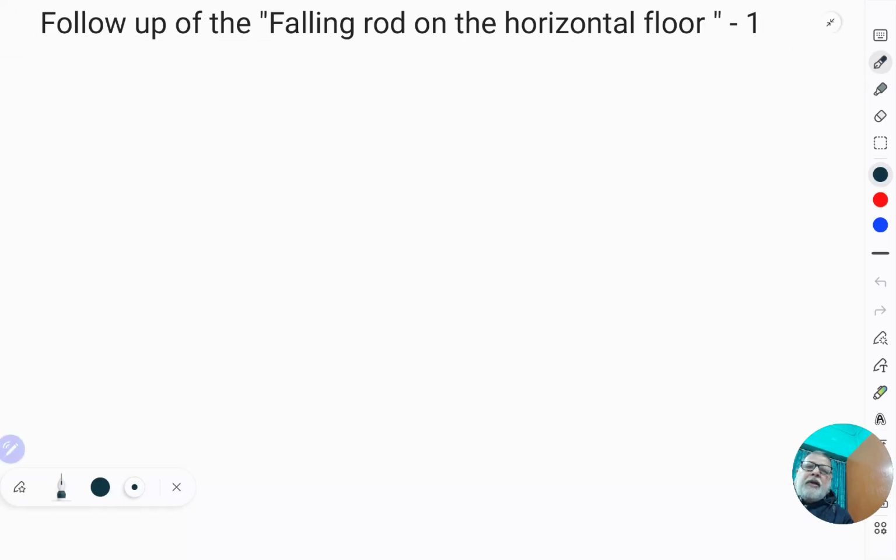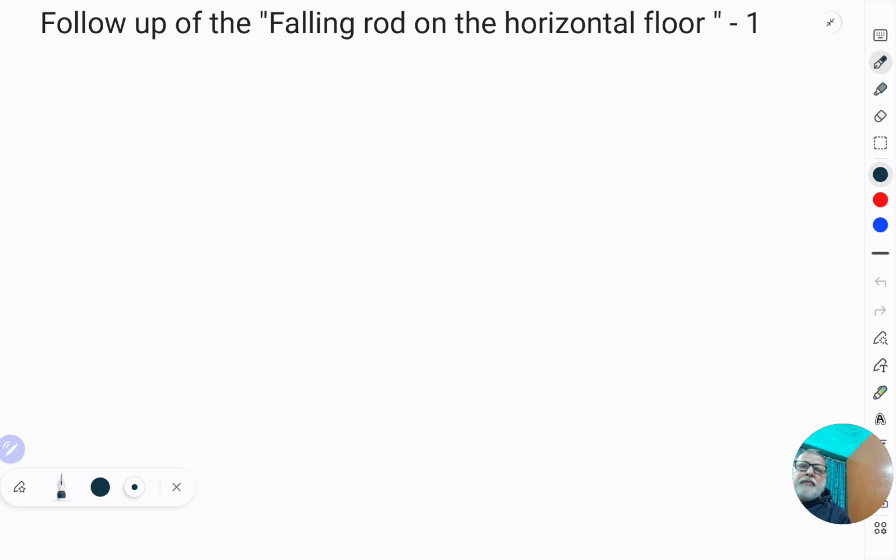Well, in my earlier lecture on the problem of a falling rod on the horizontal floor, I said I'll follow up on this problem to reveal some interesting insight, and so I have come back.